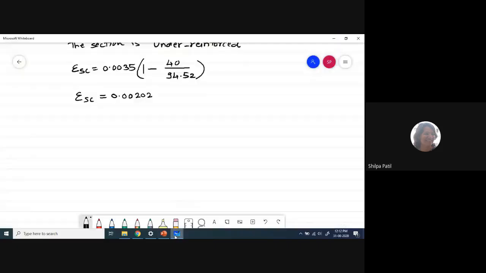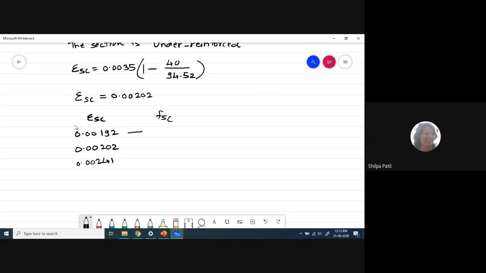Okay. So let me write down here again the epsilon SC values and FSC values. Epsilon SC is between 0.00192, then 0.00202 and 0.00241.